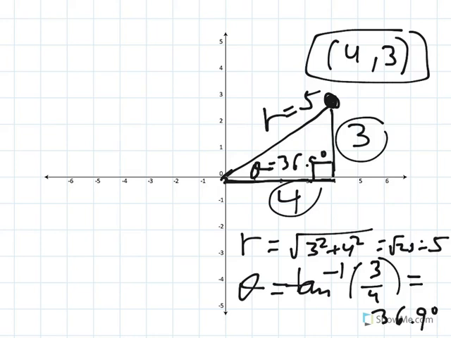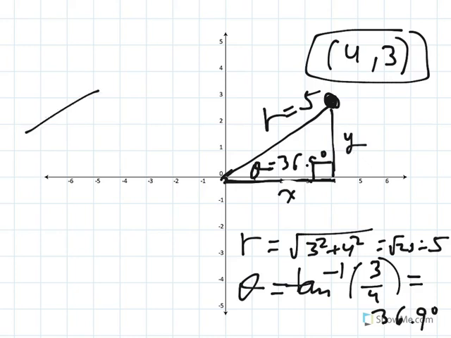Now imagine I didn't know about this 3 and 4, and all I knew was that this R value was 5 and the theta was 36.9 degrees. Well, if I wanted to actually work out what x and y were, where this is x and that's y, I would use trigonometry.